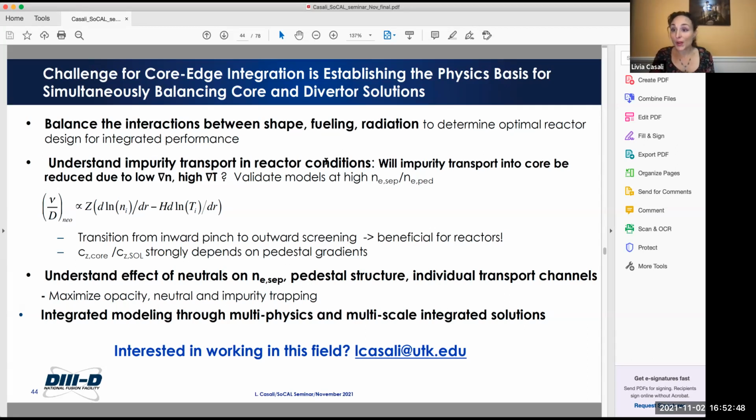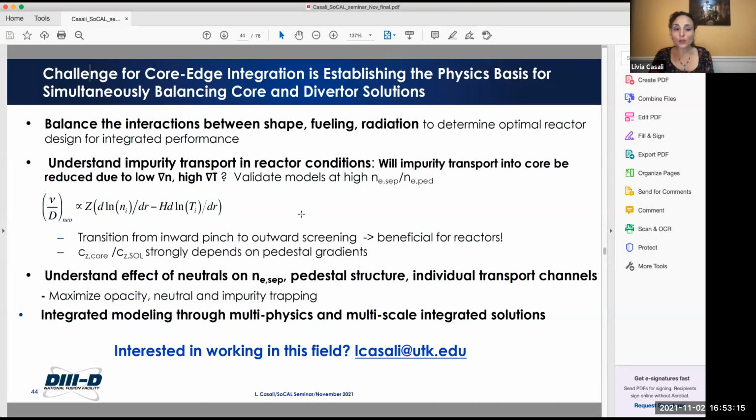The question is whether the impurity transport in the core will be reduced due to a lower density gradient and an increased temperature gradient, which is foreseen for ITER. This could lead to a transition from the inward pinch to an outward screening, so avoiding the accumulation that we talked about.